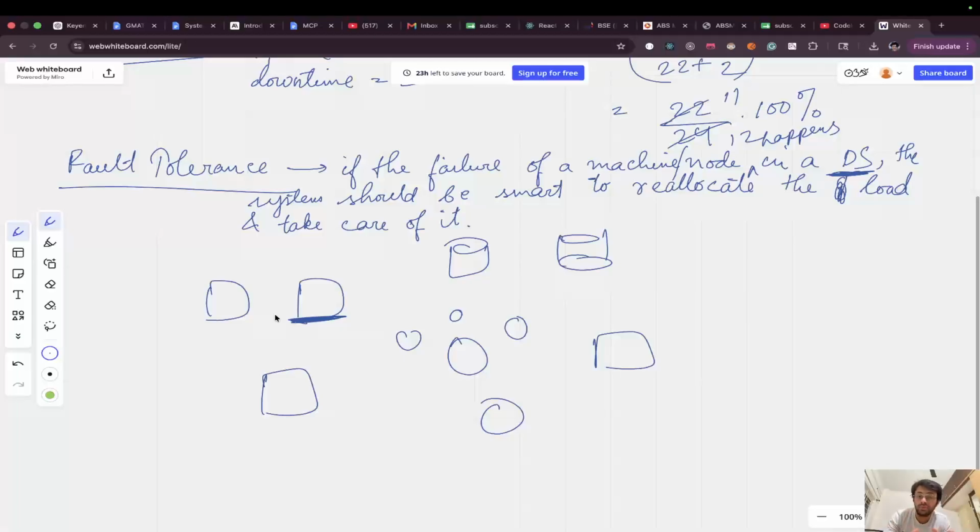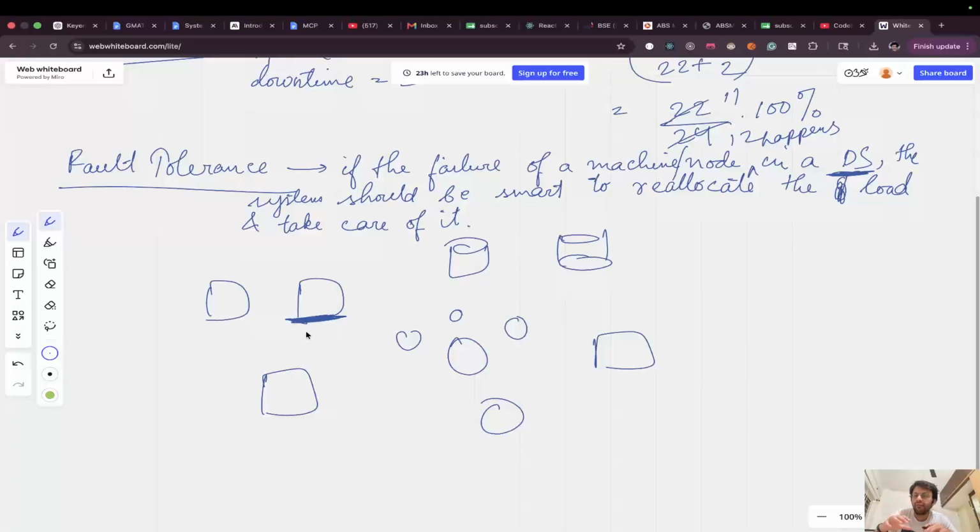The whole system should be smart enough to find some alternatives for this machine and keep the whole system safe from crashing. We will understand how we can do this. Don't worry, there are ways of replication and redundancy, where we will see how to actually make a system fault tolerant. But right now I just want to explain what fault tolerance is.